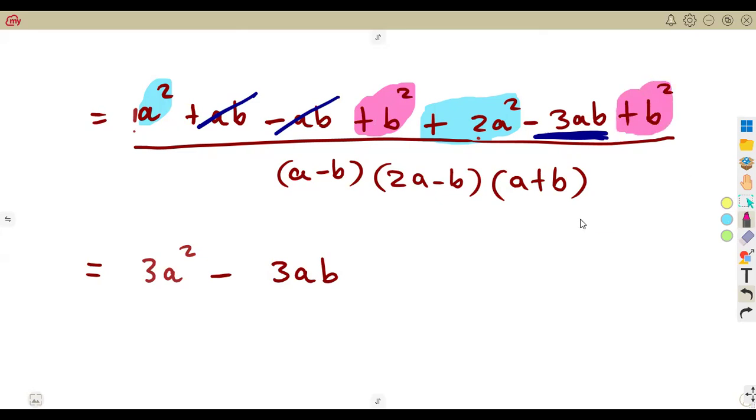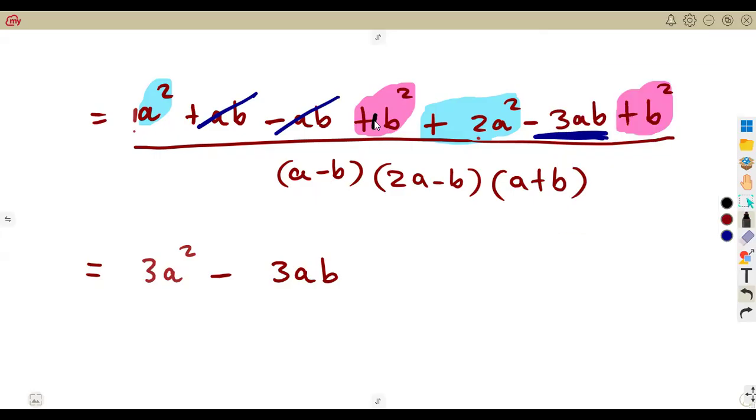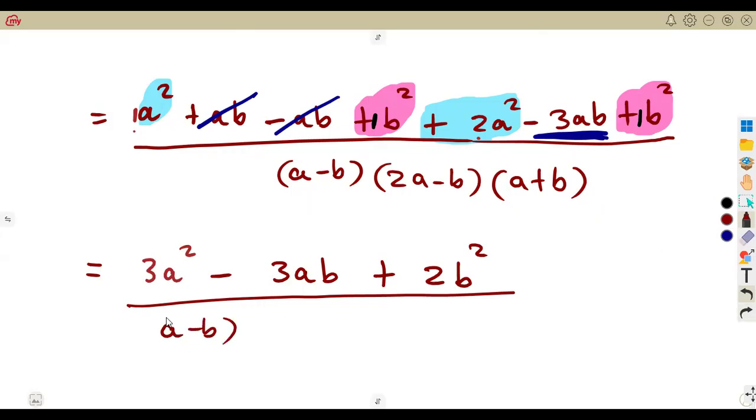So it's just 1 plus 1, that's 2. So it was going to give us 2B squared. Everything over the denominator that you're given there of A minus B, 2A minus B, and A plus B, just like that. So we have to check again.